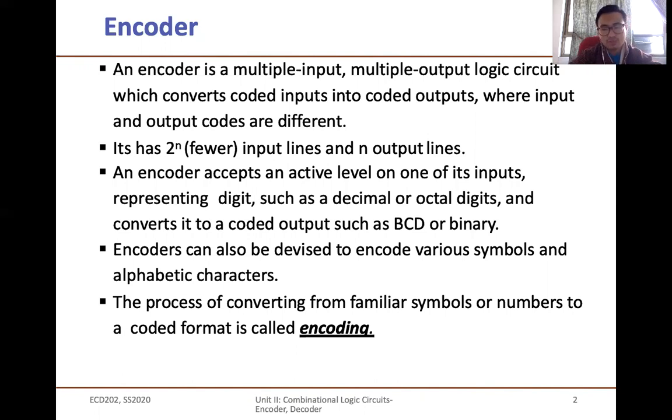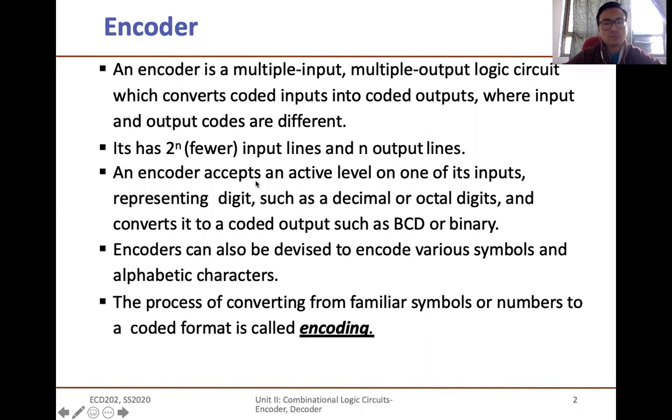For example, if you have an input binary number, then your output should be another type of number. It has 2 raised to power n input lines and it has n output lines.